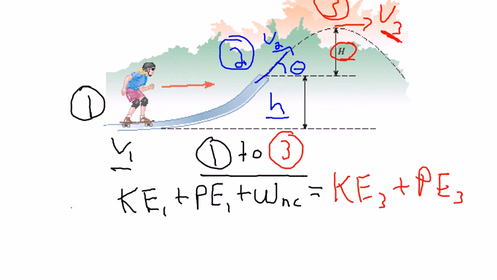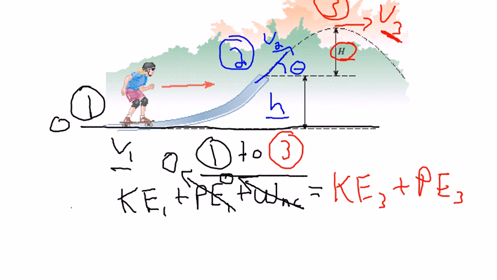As we know from our problem, we're probably going to use this point down here at the bottom as our 0 point. That means our potential energy at point 1 is 0, and since she's on a skateboard, there's not going to be friction. We can assume air resistance is sufficiently small, so the work done by non-conservative forces is also 0.